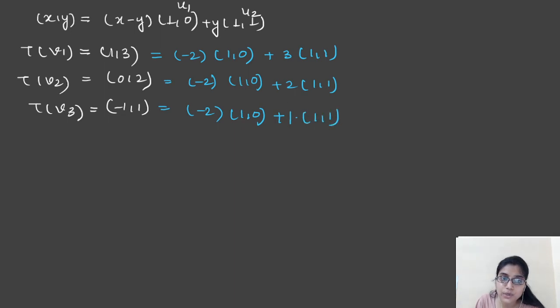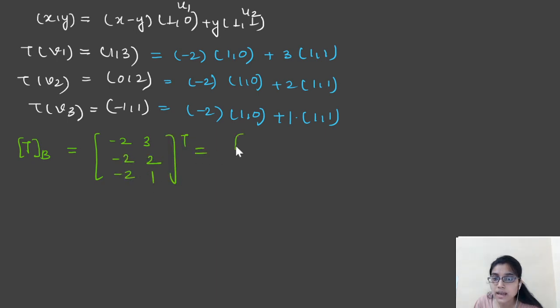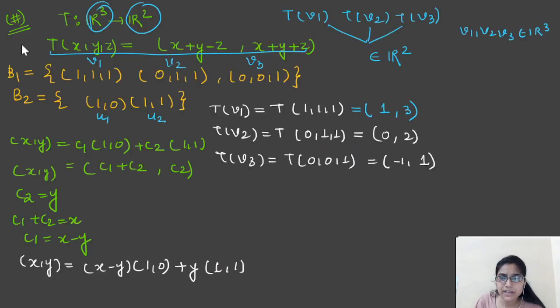And I have told you in the previous class, whenever you need to find the matrix representation, you have to take the transpose. So you will take the transpose, and the answer that you will get is the matrix with rows (minus 2, 3), (minus 2, 2), and (minus 2, 1). Okay, so this is also very predictable from here, that I am telling you one thing.